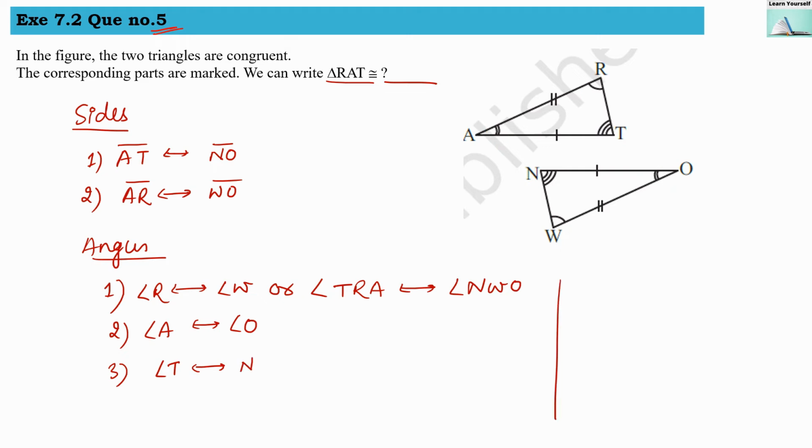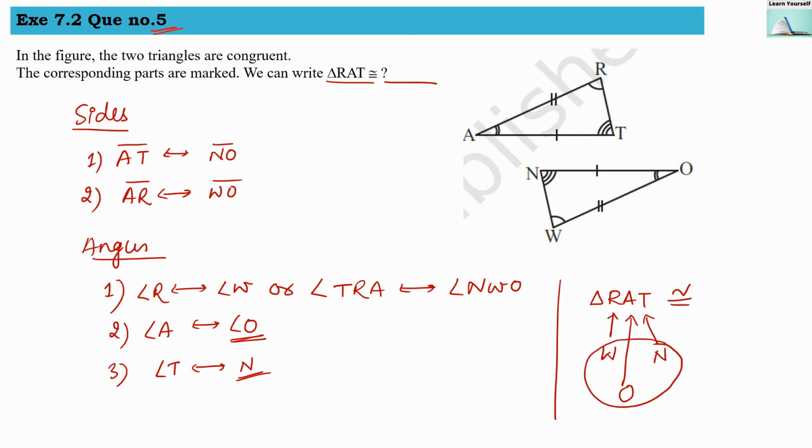Now how to write the name for the second triangle? The first triangle name they have already given, that is triangle RAT. Now we have to see which angle is corresponding to which angle. So R is corresponding to W from the second triangle. Now we are talking about A. A is corresponding to O. So O will come, and T is corresponding to N. So here we got our name, that is WON.